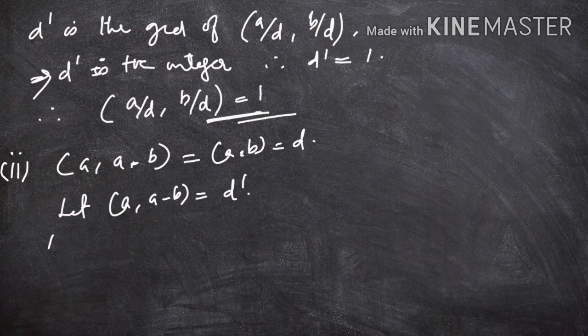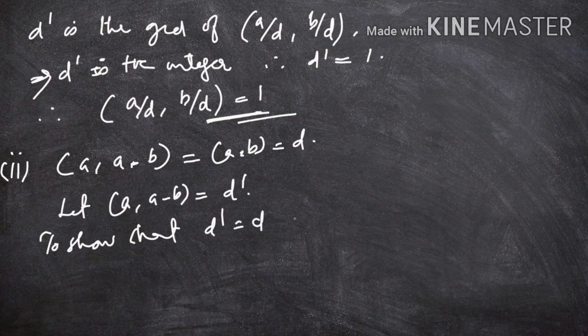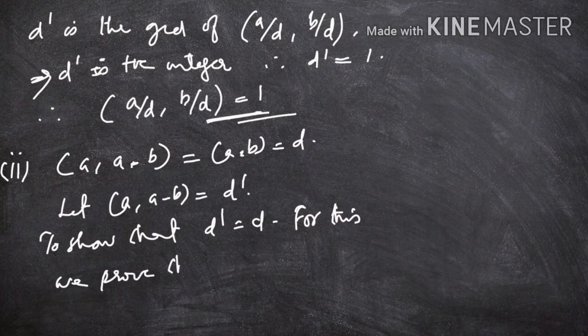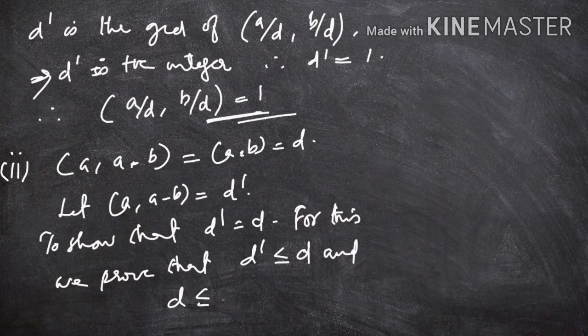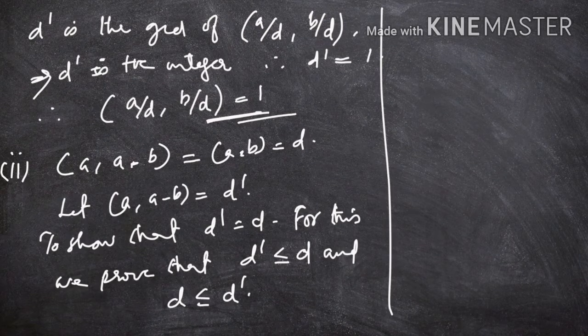We need to show that this D dash is equal to D. For this we will prove the two inequalities, D dash is less than or equal to D and D is less than or equal to D dash. Now first we show that D is less than or equal to D dash.